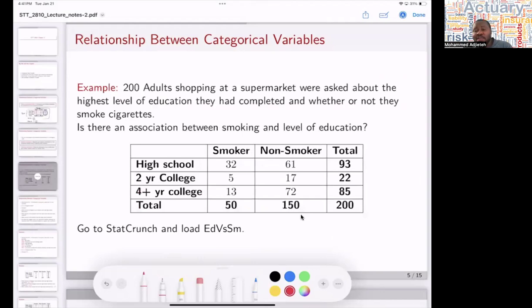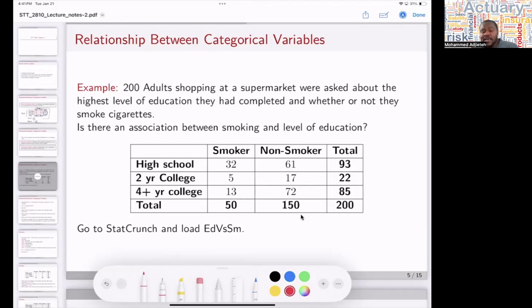Now we have this example here. 200 adults shopping at a supermarket were asked about the highest level of education they had completed and whether or not they smoke cigarettes. What the researcher wants to do is determine if there is an association between smoking and level of education.